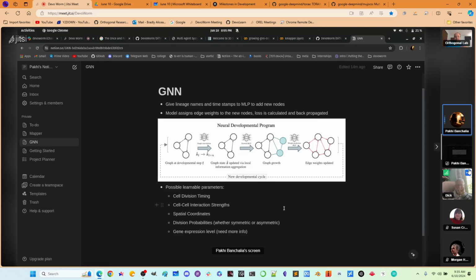Basically, the cells that are close by will have more influence on each other compared to the cells that are further away. And we can also make the spatial coordinates itself a learnable parameter to determine which cell will get generated where. And we can also learn the division timings, or the division probabilities, whether the division is symmetric or asymmetric.